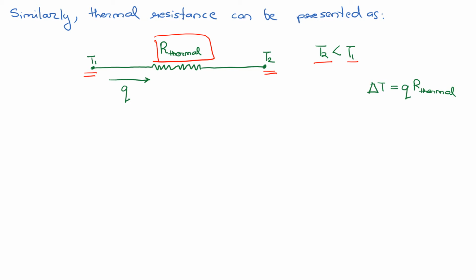Now this resistance can be due to conduction, due to convection, or due to radiation. We haven't really defined what kind of thermal resistance this is, but let's say it is some kind of thermal resistance, and the heat transfer between these two temperatures is Q. So similar to Ohm's law, the temperature difference delta T will be the heat transfer rate, not the heat flux, multiplied by the thermal resistance offered.